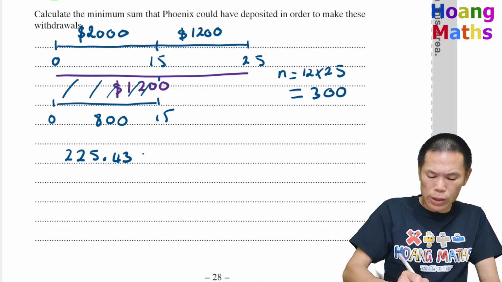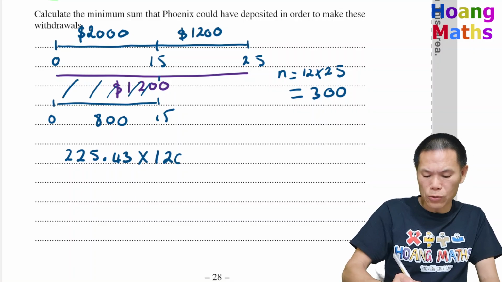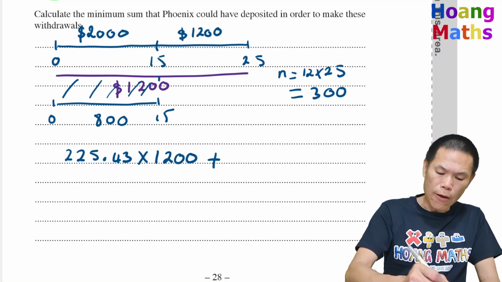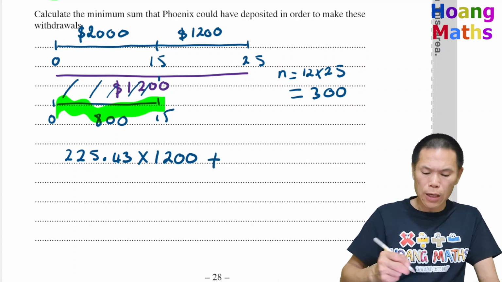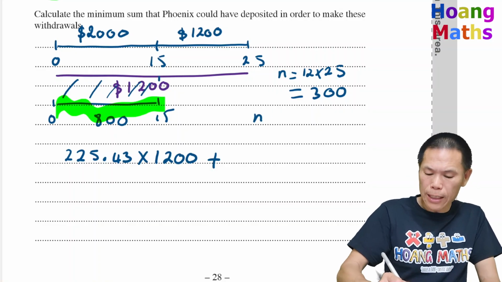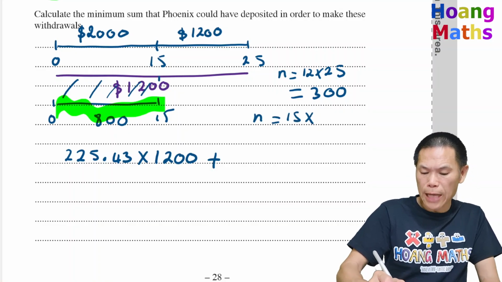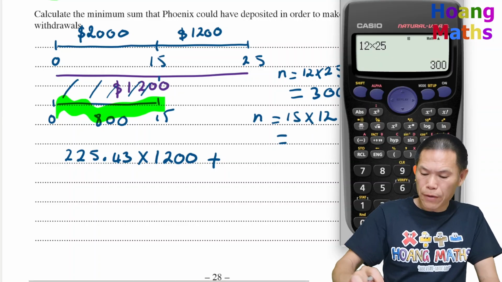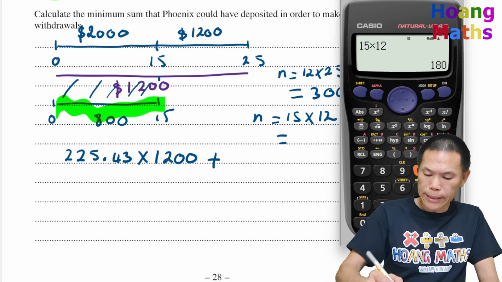Now the annuity is $1,200, so we multiply by 1,200. Then we need to add the annuity for $800 for 15 years. For 15 years, N is 15 times 12, which is 180.